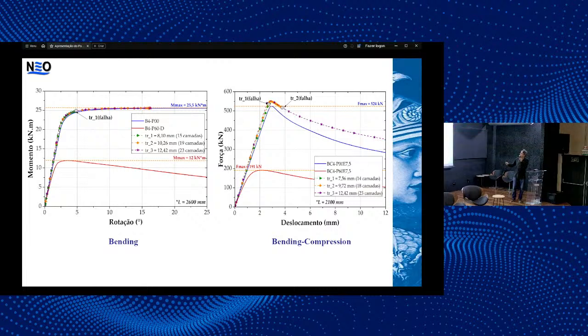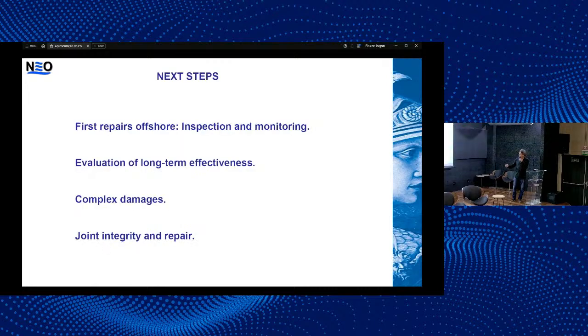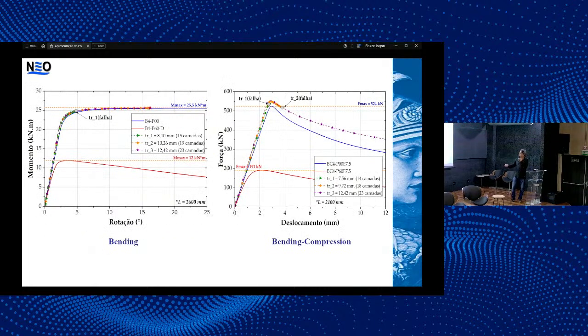This is an example of a bending moment versus rotation, a pure bending test. On the right-hand side, we have a bending compression test. We see that with the damage, in the red lines, the capacity is reduced dramatically.